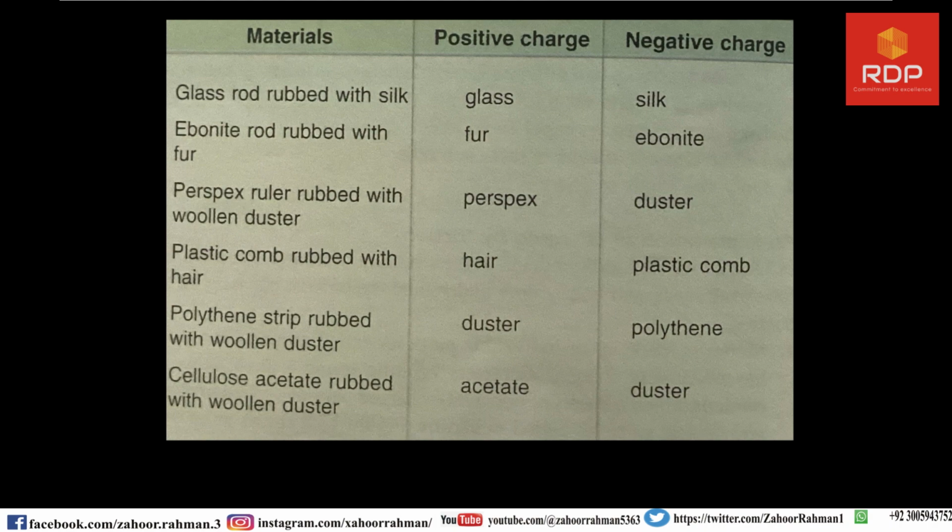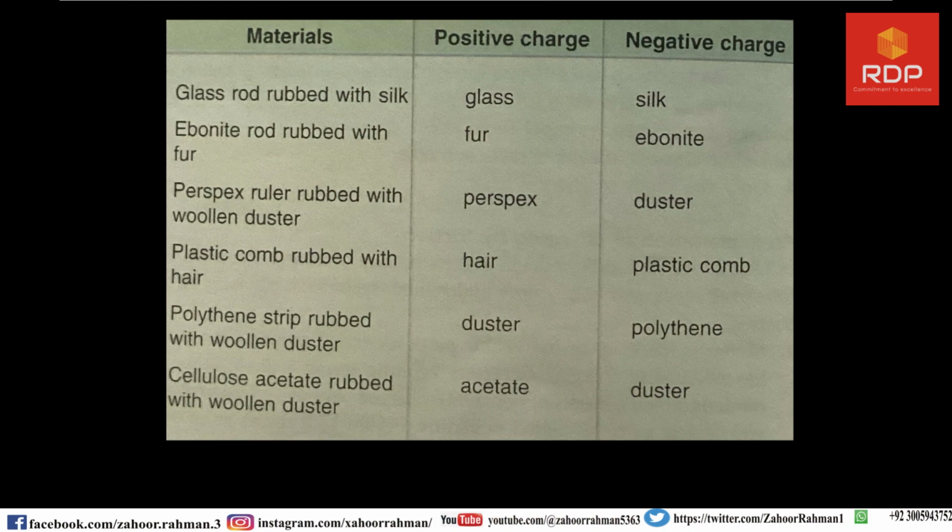Perspex ruler rubbed with woolen duster, perspex will be positive and duster will be negatively charged. Plastic comb rubbed with hair, here hair will become positively charged and plastic comb will become negatively charged.